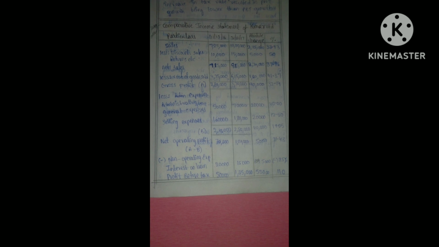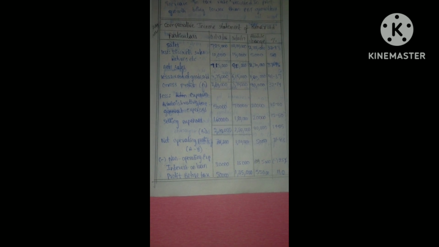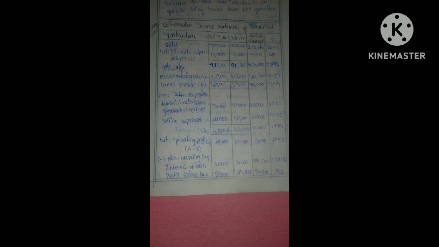Now we need to note down profit before tax. For 2016 it is 50,000 and 2017 is 1,05,000. So the absolute change is 55,000 and percentage change is 110. Now we have to subtract corporate tax. In the given information, for 2016 corporate tax is 15,000 and for 2017 is 30,000. After finding absolute change, we will get the value 15,000 and percentage change we will get the value 100.